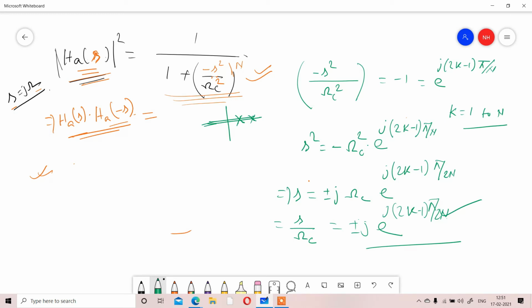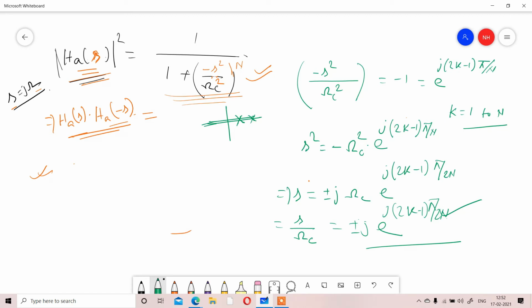Simply, if we consider the positive sign, that positive sign will correspond to the left hand side poles. We can check it.